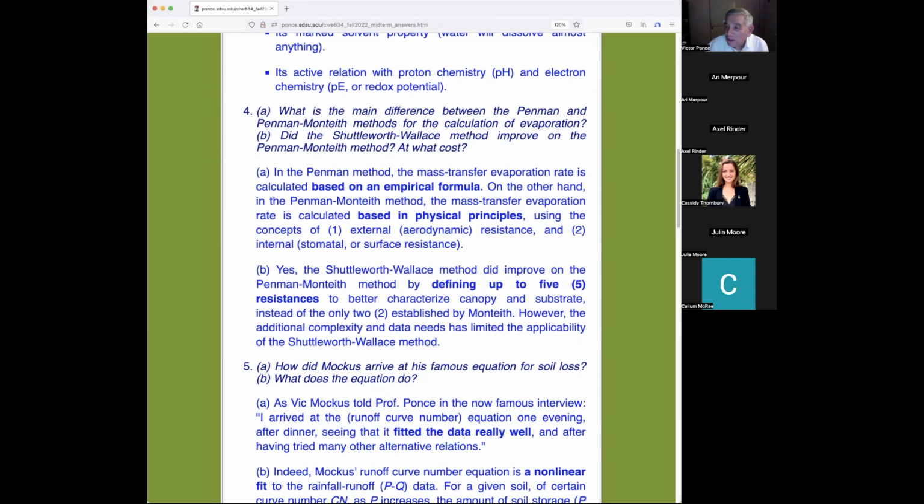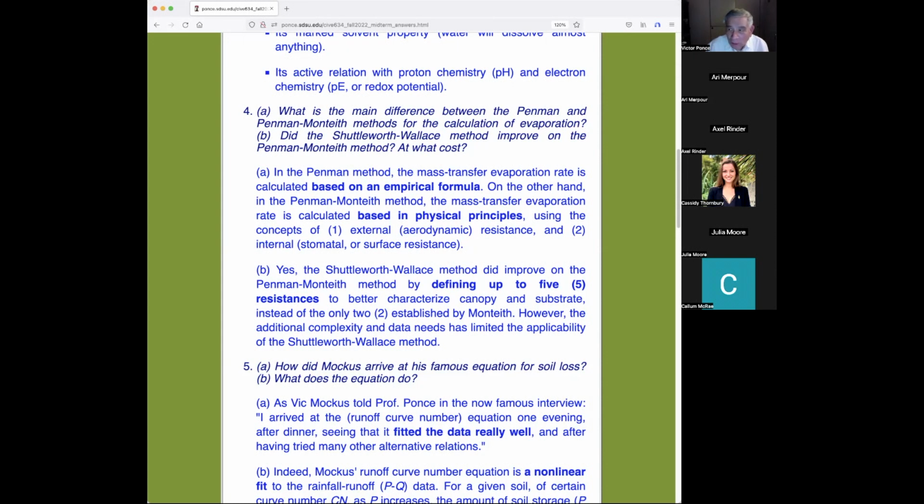I doubted whether it would be superseded in the future. Nevertheless, a couple of people working out of England, Shuttleworth and Wallace, 20 years later, in 1986 or 85, plus or minus 1 or 2 years, developed a supposedly better method, because the Penman-Monteith has only 2 resistances, so to speak.